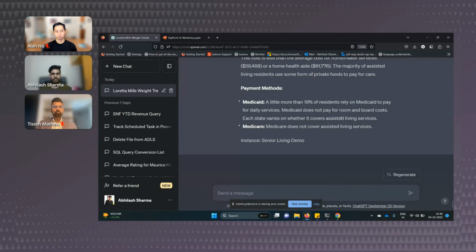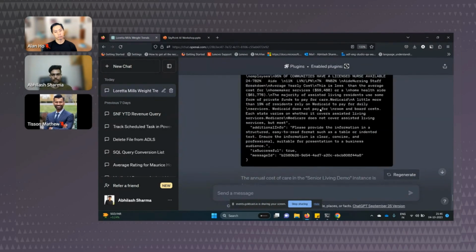This forms the structured data source, whereas the unstructured data source could be research documents, annual reports, which could answer cost of care and forecasting for various types of revenues that you could generate from senior living.